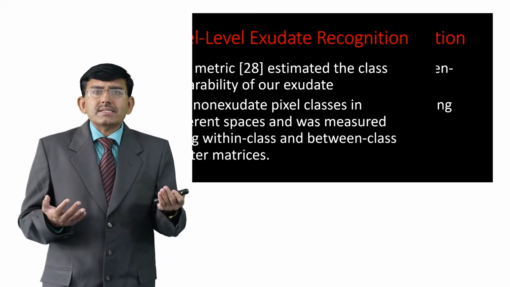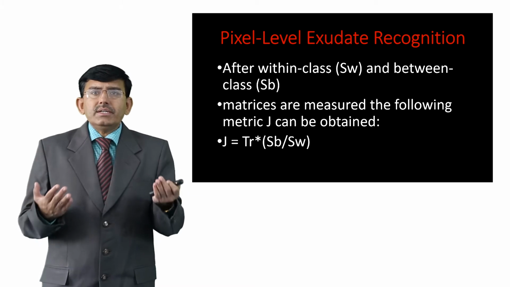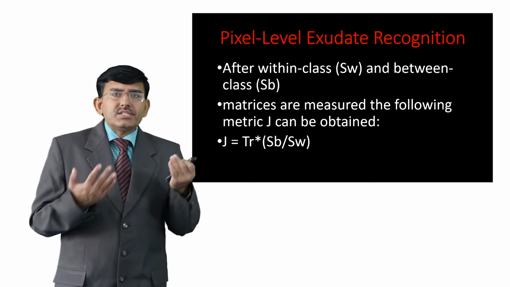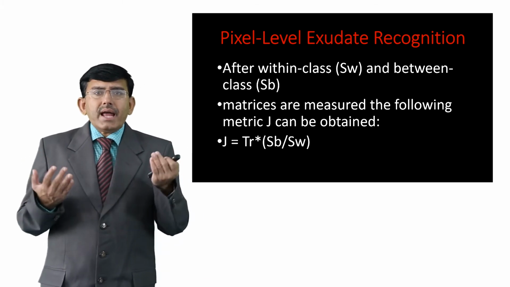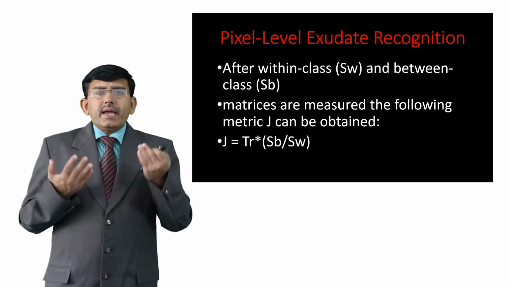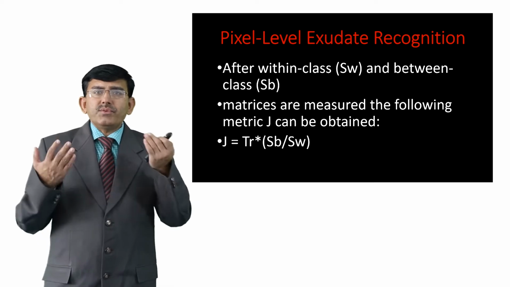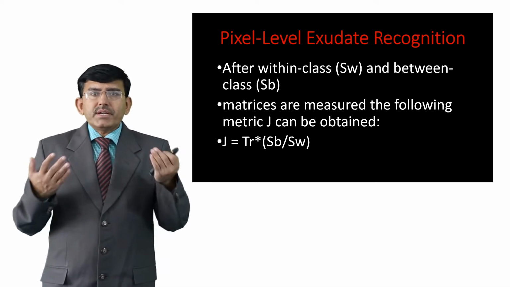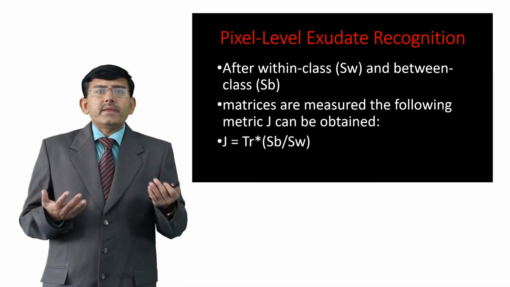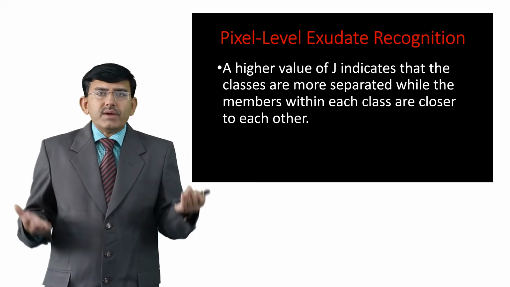After the within-class and between-class matrices are measured, the following metric J can be obtained as the trace of SB divided by SW, where SW is within-class and SB is between-class scatter. By following that method, we are able to calculate those values.